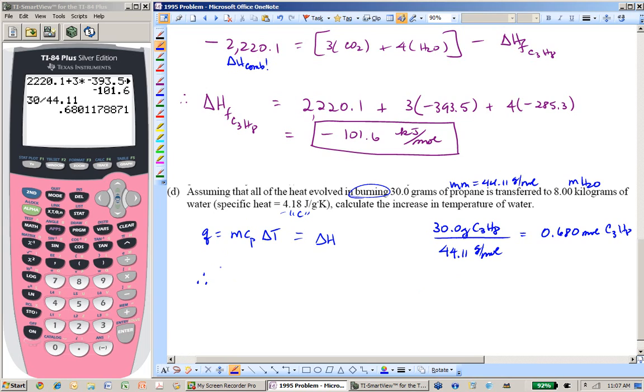Therefore, one more time. Q equals delta H equals that negative 2220.1 kilojoules per mole times the amount of moles I got, which is a fraction of a mole.